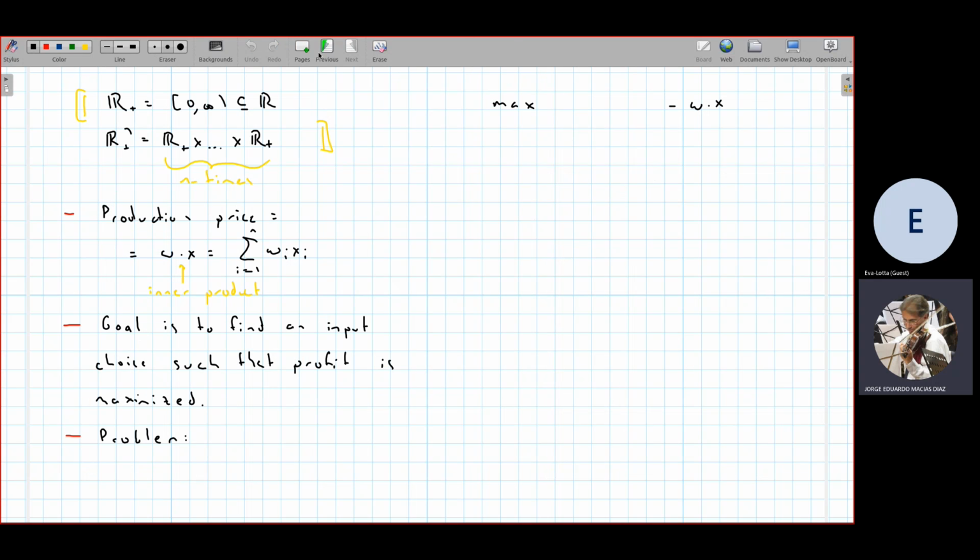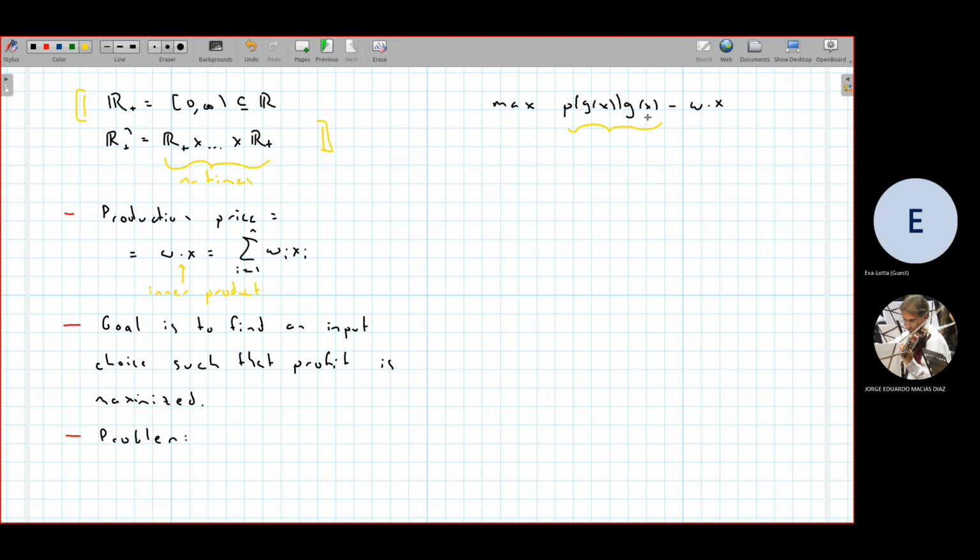So if we produce g of x, and remember the price for each of these is going to be given by this function, then the income is this multiplication.